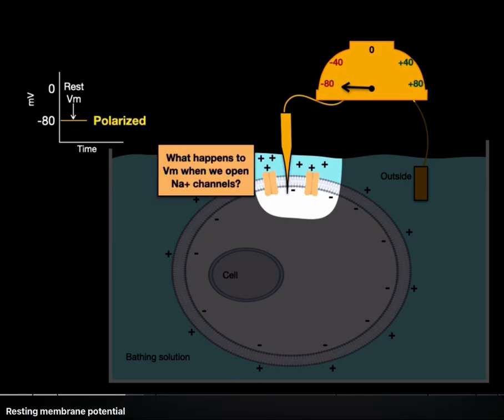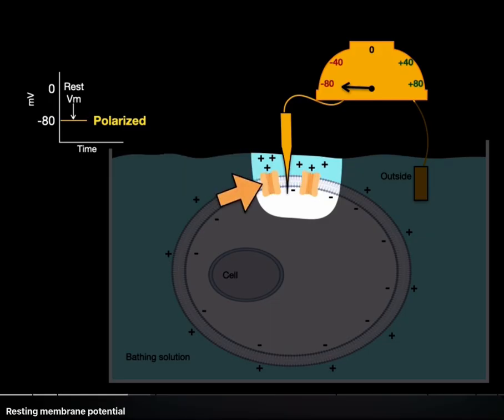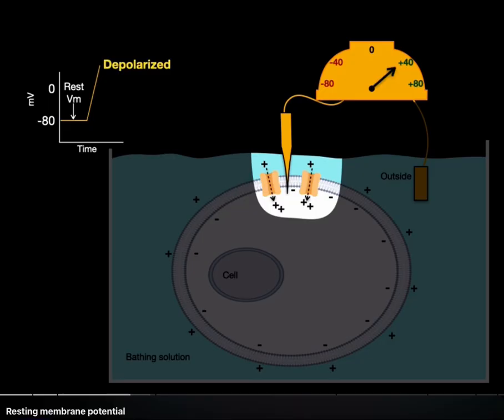So what happens to the resting membrane potential when we open the sodium channels? It opens. It allows a small amount of sodium to rush into the internal surface of the cell. So the inside of the cell membrane has received more positive ions, which then measures as positive 40 on the voltmeter, and it shows that we go from negative 80, and it depolarizes because it becomes less negative.